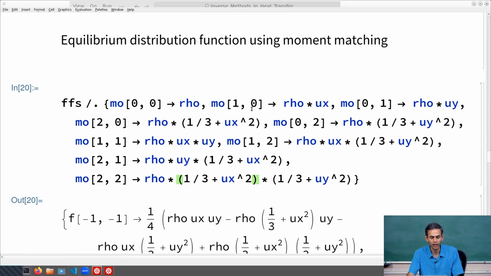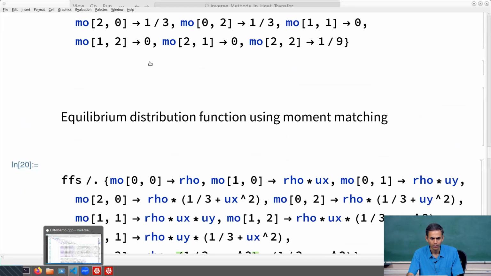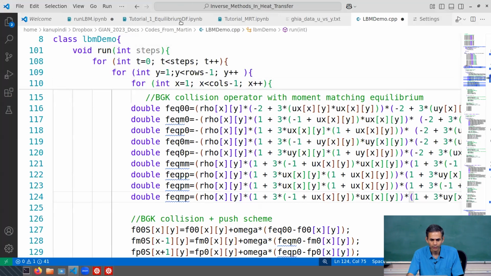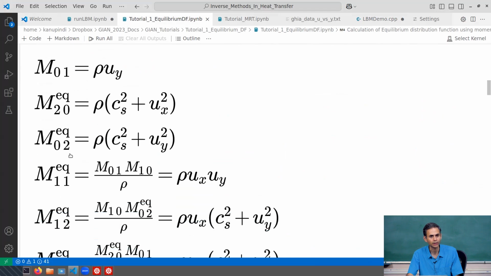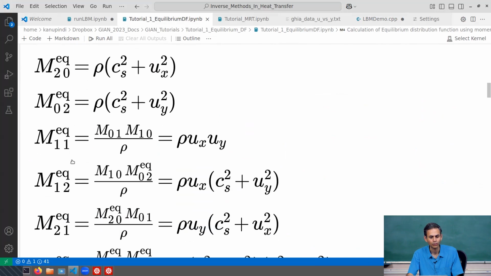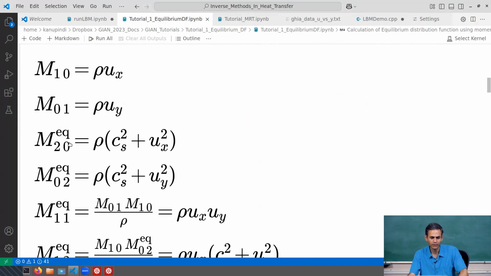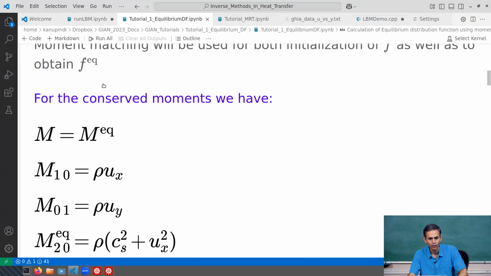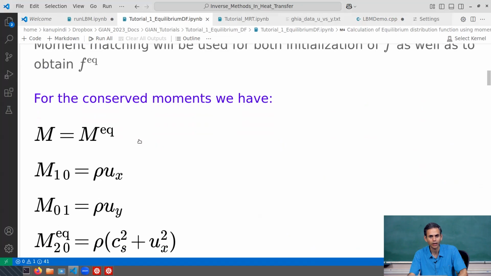These are the moments that come up, not because it's 2D. Even if it is 3D, you would still get abc, correct? Yes, you would get M000 and so on, correct?